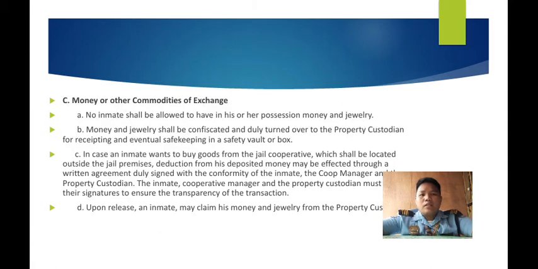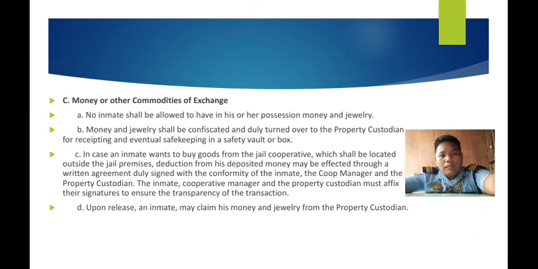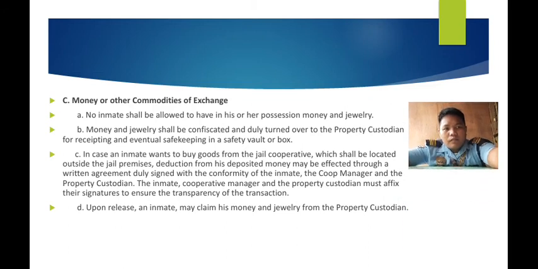So next, we have money or other commodities of exchange that are confiscated by our jail officers, with contents A, B, C, D. First, no inmate shall be allowed to have in his or her possession money and jewelry.